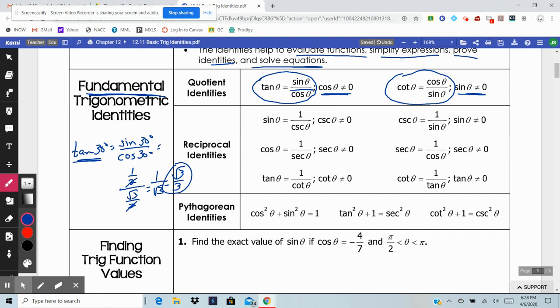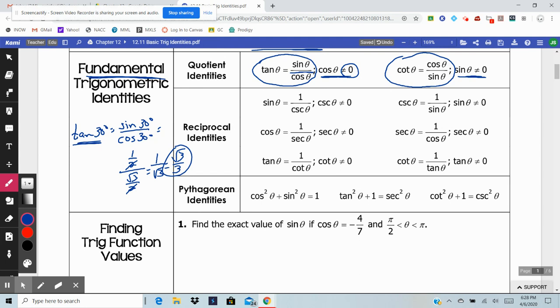Well, you can't divide by 0. The cosine, we can find that. We can't find the tangent of 90. Tangent of 90 is the sine of 90 over the cosine of 90. Well, the cosine of 90 is 0. So at 90 degrees, we have 1 over 0, which is undefined. So that's the reason we can't use this formula when cosine is equal to 0.